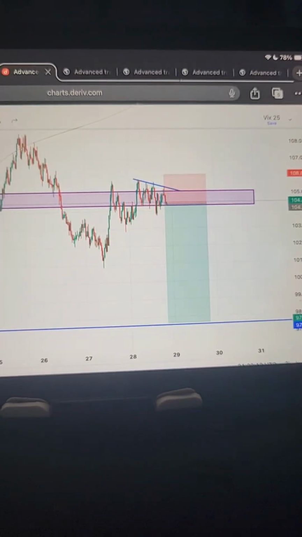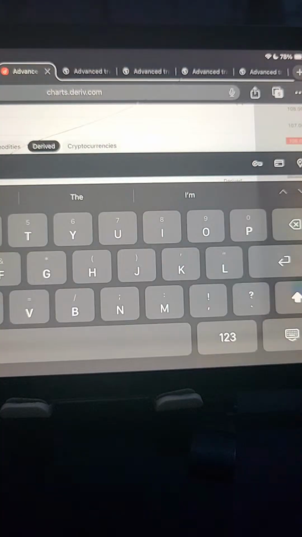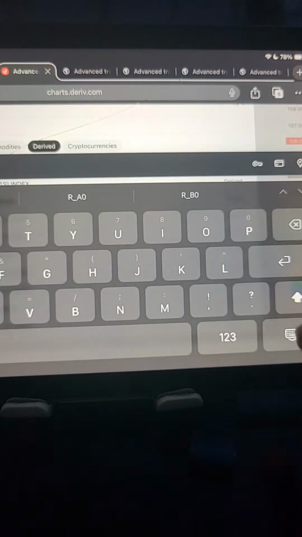Look at it here, you can see it's 30 minutes. So let me check what is happening on volatility 75. That's where my main focus is.